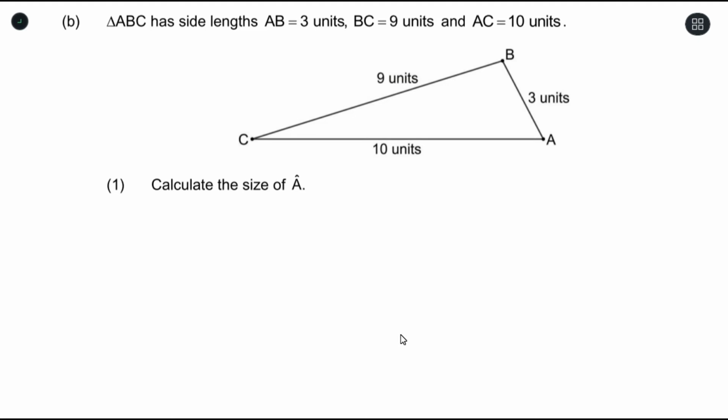Now, whenever you have 3 sides and no angle, we normally use the cosine rule. It's a rewritten form of the cosine rule. So the formula we're going to use to answer this question would look like this: cos A equals b squared plus c squared minus a squared over 2bc.